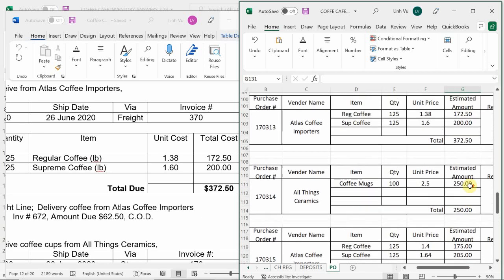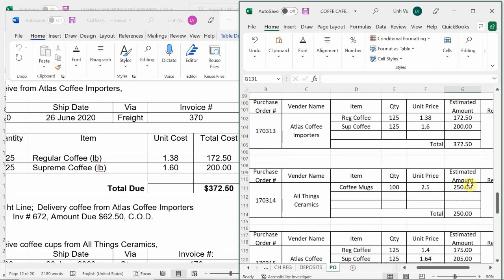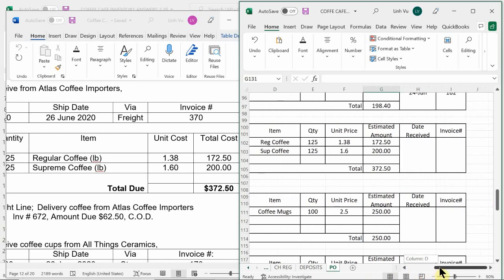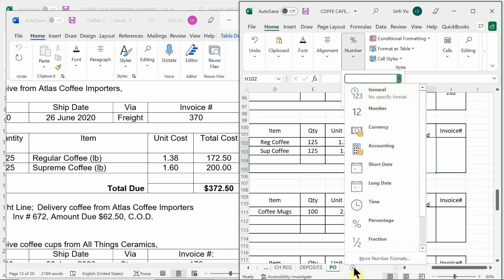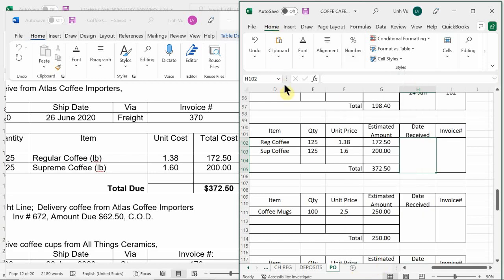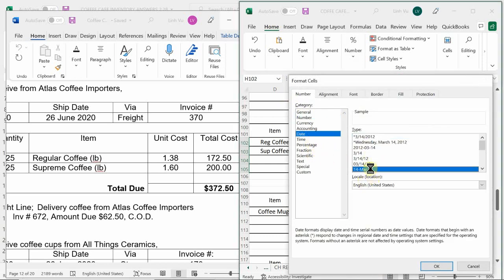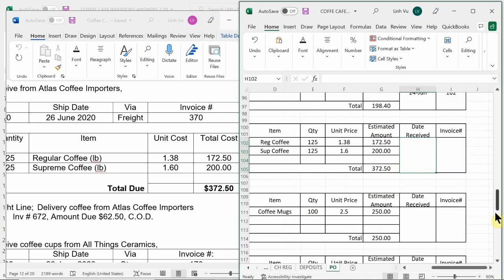So the one we actually received is purchase order number 313, because it's for the 372.50. So I'm going to say yes, I received it on June 26th, and the invoice number was 370.